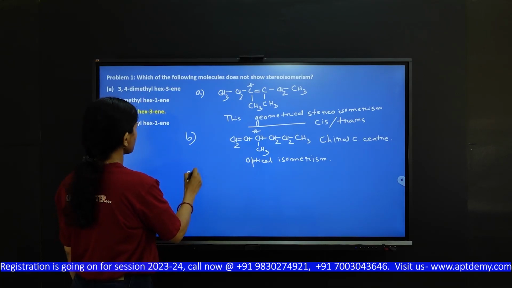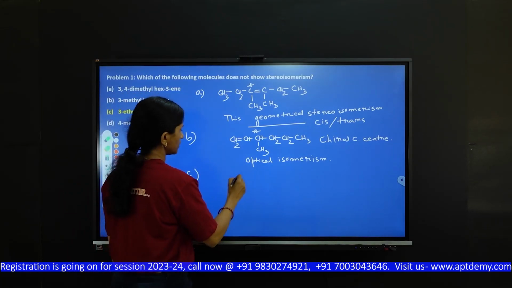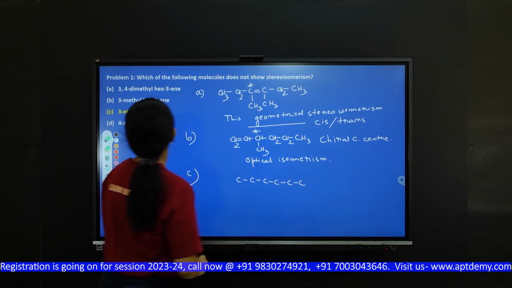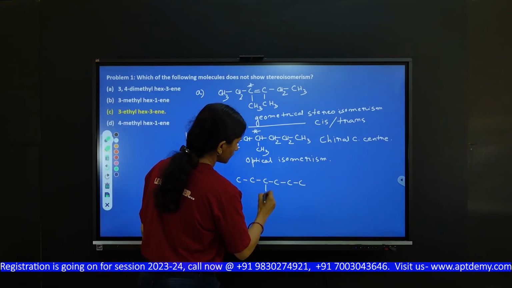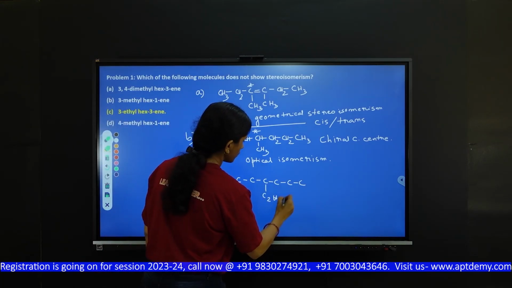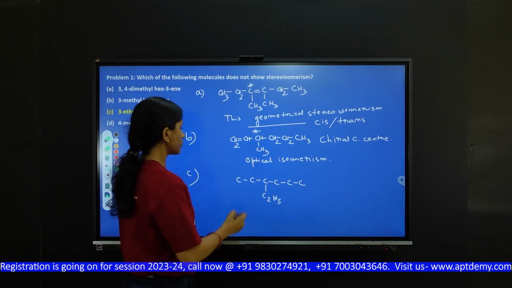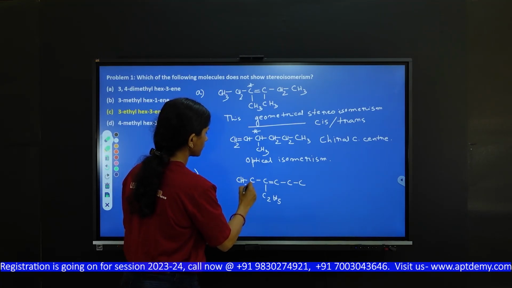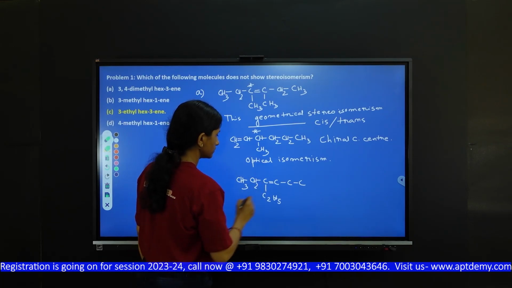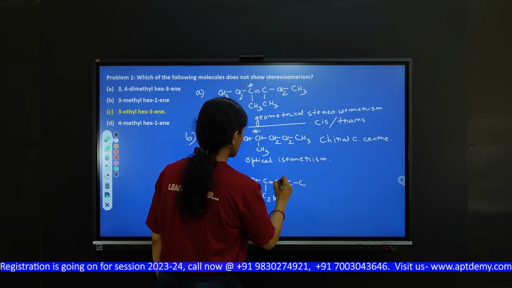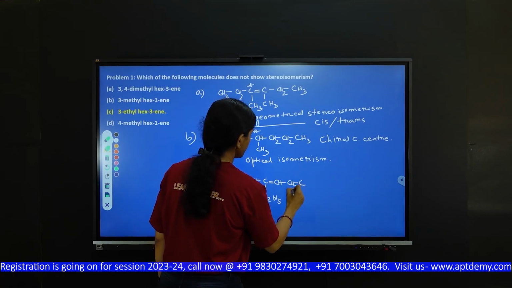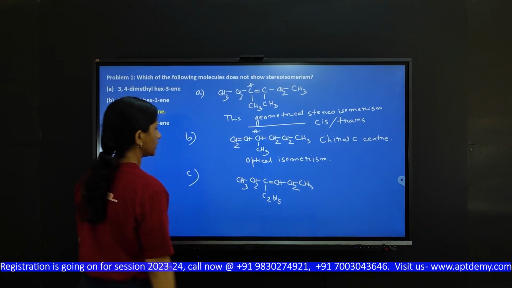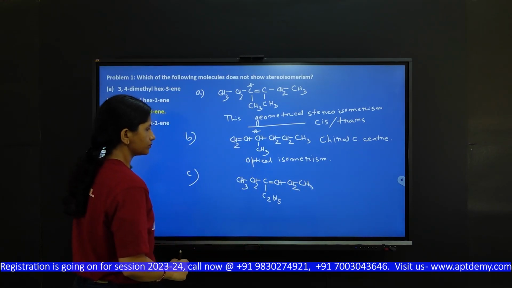Let's see C, 3-ethyl hex 3-ene. In the third position we will have a C2H5 group, and hex 3-ene has a double bond here.